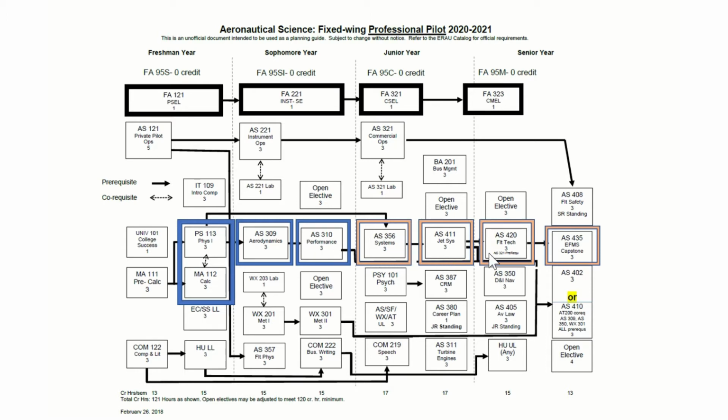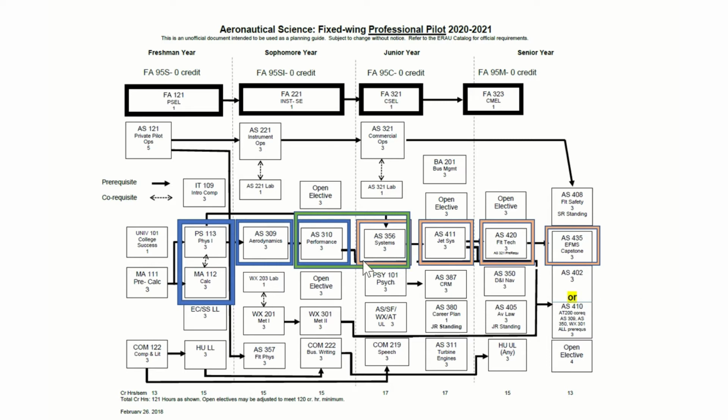So if you wanted to shorten this, if you are having an expedited academic plan because you are coming in with more flight training and some transfer credits, so we're moving you along a little faster, or even if you just want to shave off a little bit of time, what you can do is potentially double up AS 310 and AS 356 in the same semester and move this up one semester.